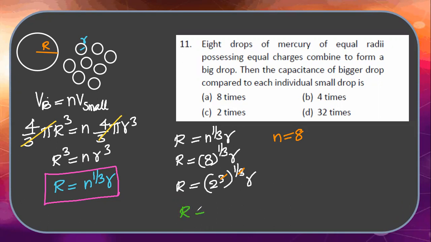Therefore, R is equal to 2 into small r. This is 2 times. 8 drops of mercury of equal radii possessing equal charges combined to form a big drop, then the capacitance of the bigger drop compared to each individual small drop is 2 times this.